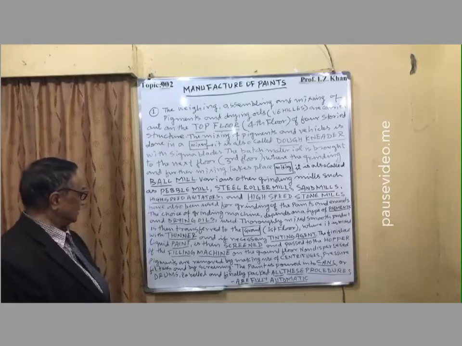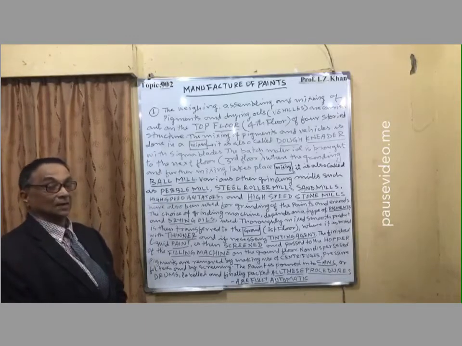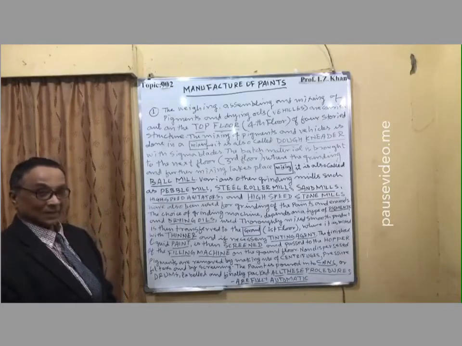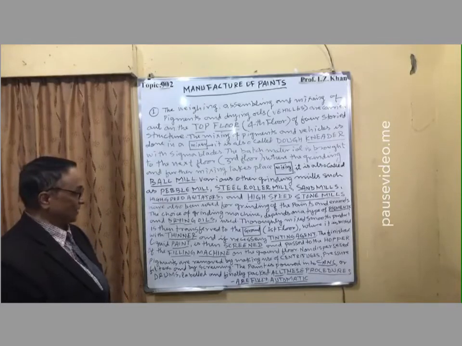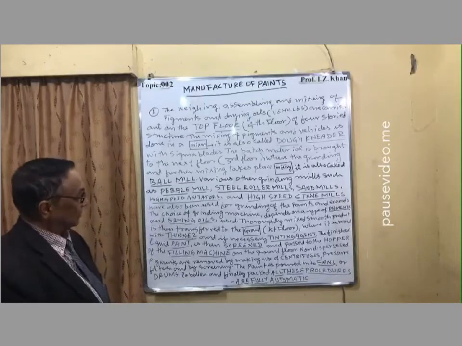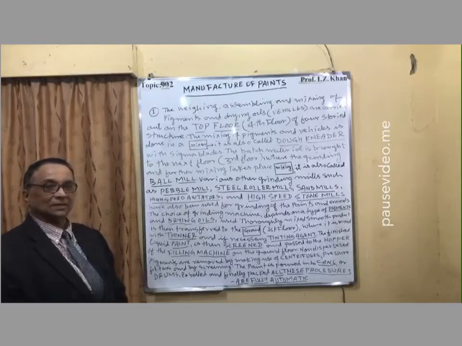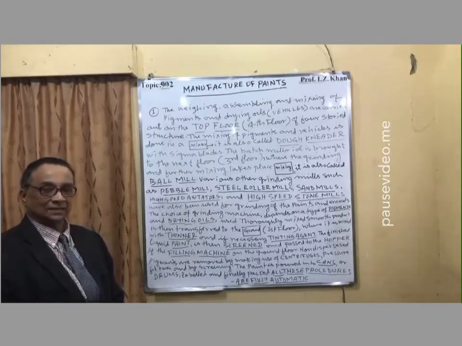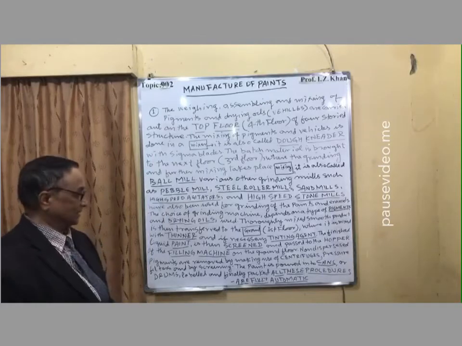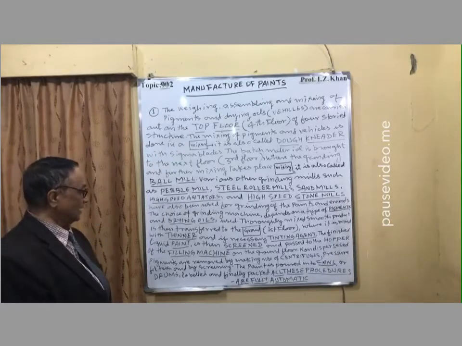The finished liquid paint is then screened. There is a computerized screening machine where it is screened whether everything is uniform and thoroughly mixed or not. And if it is not done properly, that computer screening machine will show the red signal that it is not properly done, so it will be rejected. And then it is passed to the hopper of the filling machine.